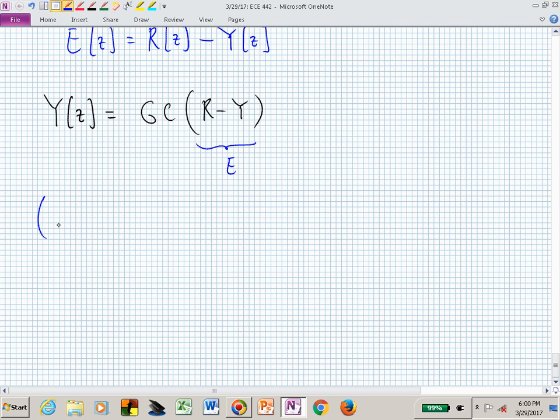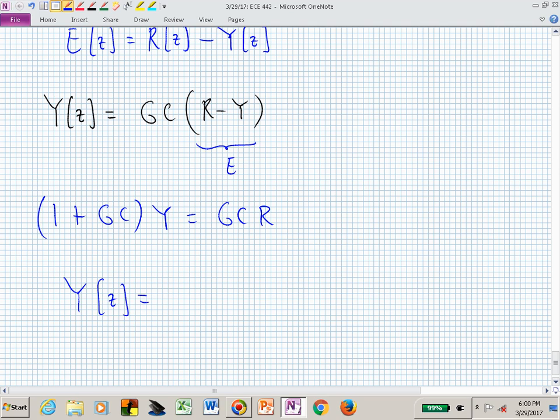And I already have one term of Y on the left, so I have 1 plus GC, Y, equaling GC R. Is that clear? And now I will go ahead and put in the arguments.